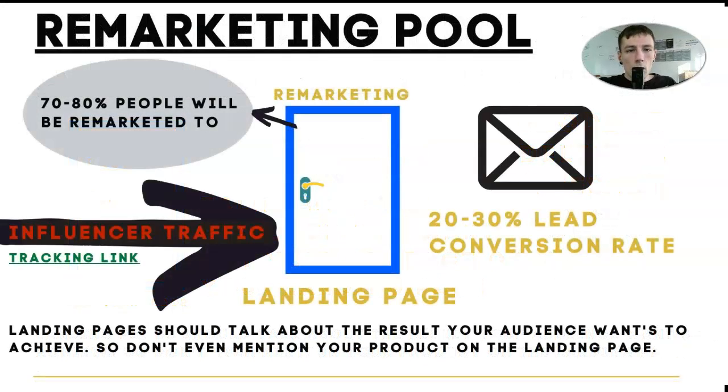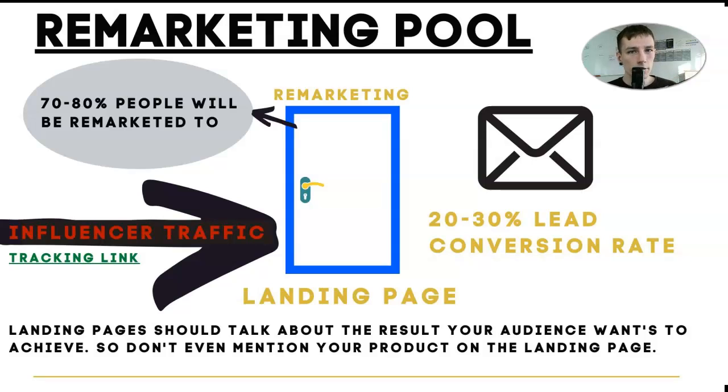So one big main strategy that we're going to get into here is something that can go for domination. When everybody else is out there and they run an influencer traffic strategy, and they bring people to their landing page, and they generate leads, and then ultimately generate sales, most people will just go out there again and find a fresh new audience and bring them to their landing page to do that all over again.